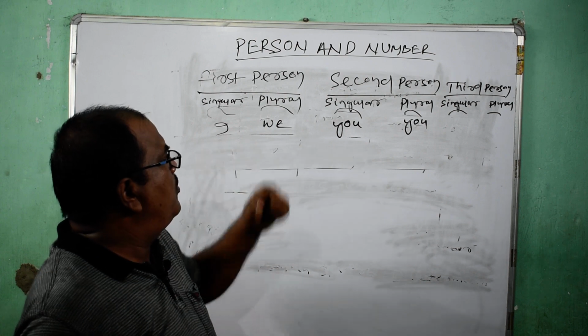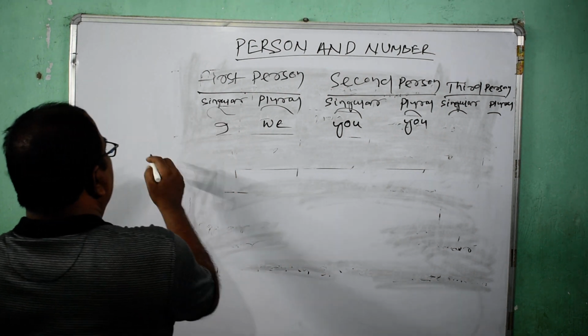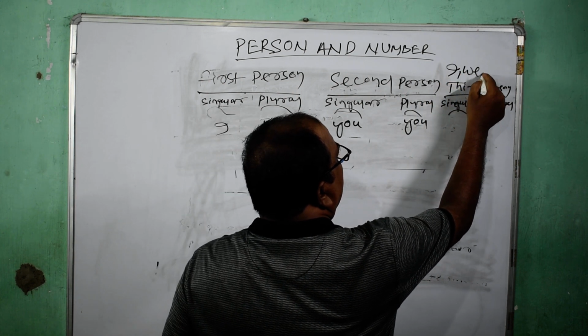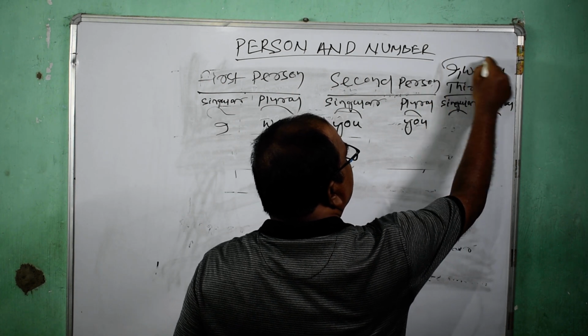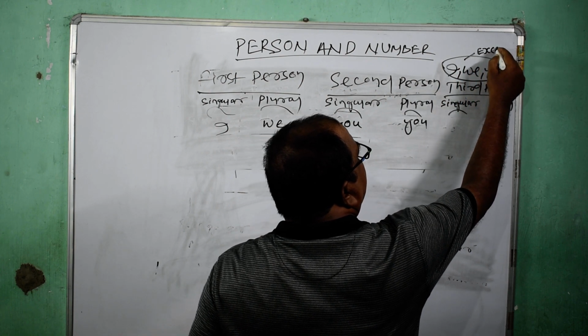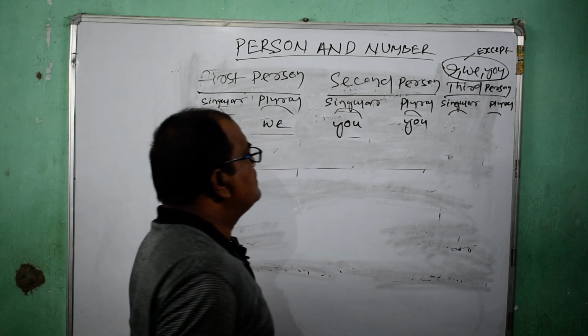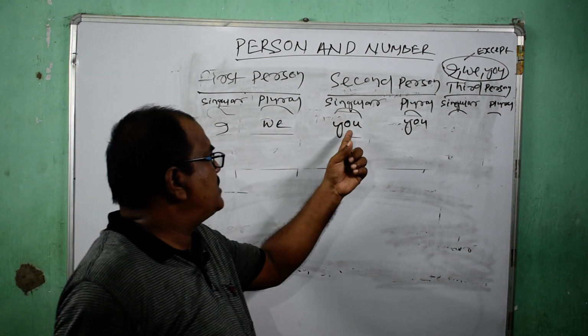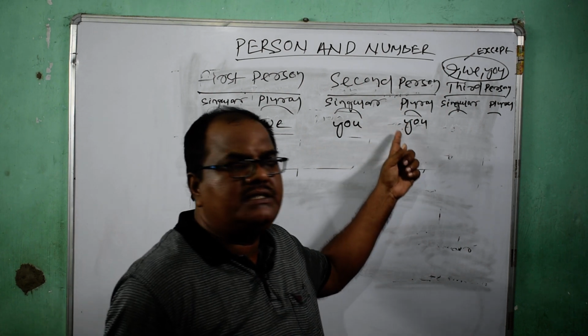I, we, you. These are the three words. First person singular number is I, plural number is we, second person singular number is you, plural number is you.